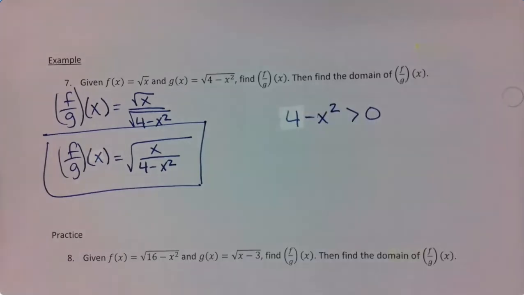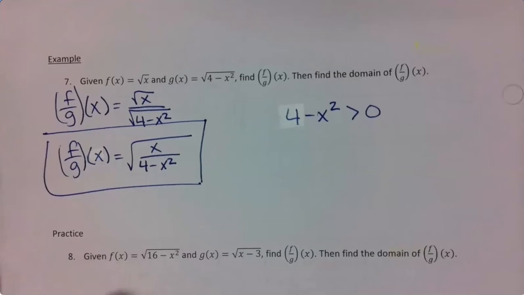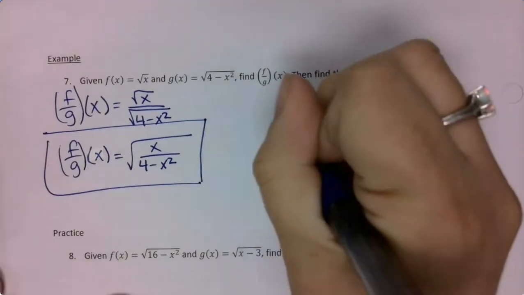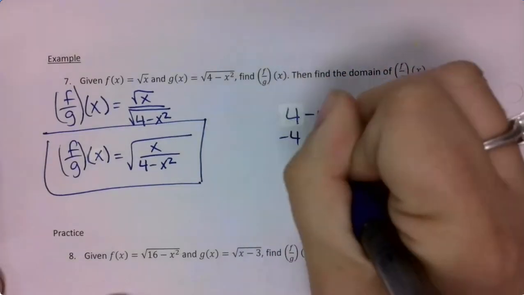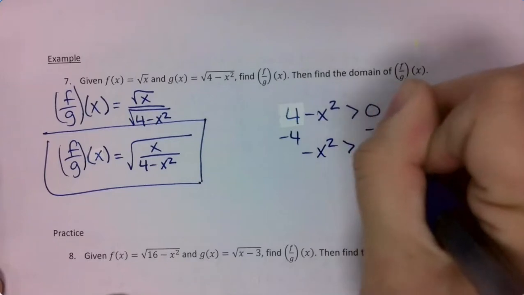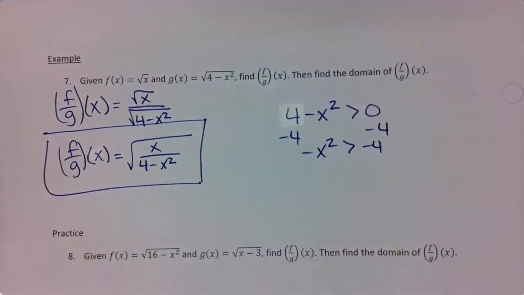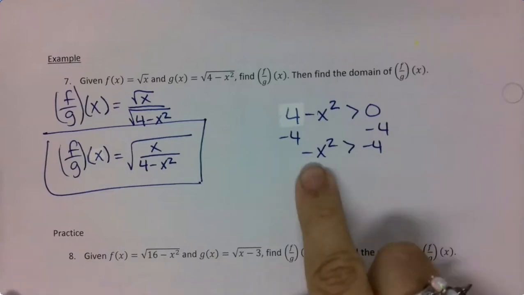Okay. So then what do I want to do first? That gets me negative x squared is greater than negative 4. Not yet, because I have this negative.